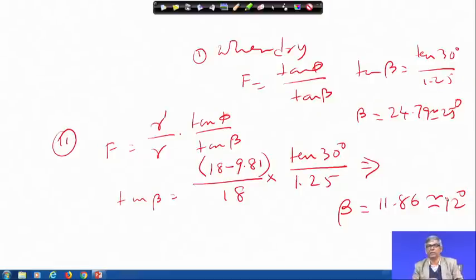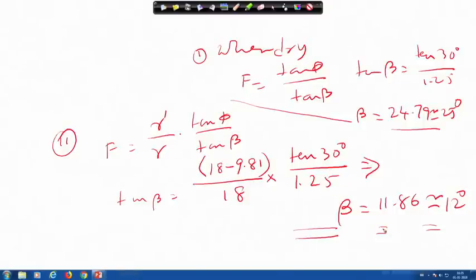So, you can see the requirement: when it is totally dry, I can make a slope of nearly 25 degrees, whereas because of sudden drawdown condition, if you keep the same 25 degrees, it will definitely fail, because for the same factor of safety it demands almost half the angle it was previously. See, it was 25, now it is 12, less than half.